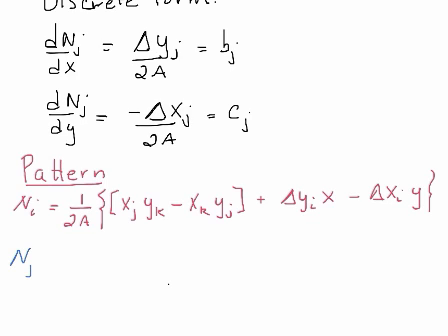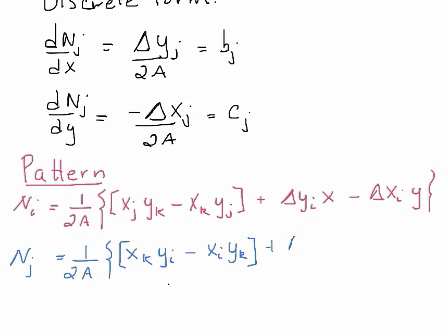And n sub j is equal to 1 over 2a times xk yi minus xi yk plus delta yj times x minus delta xj times y.